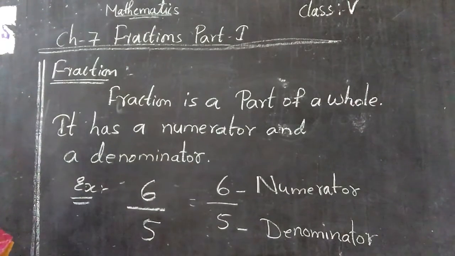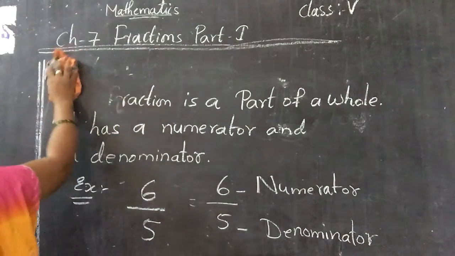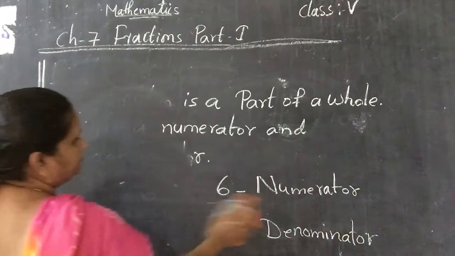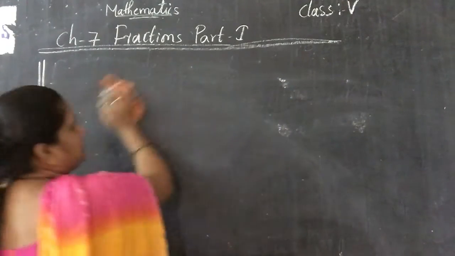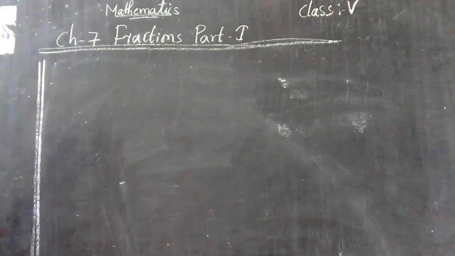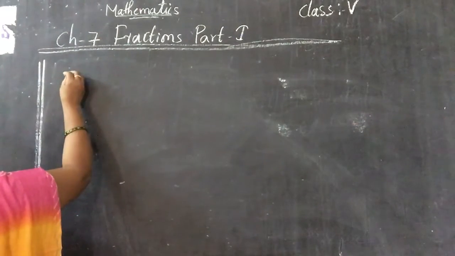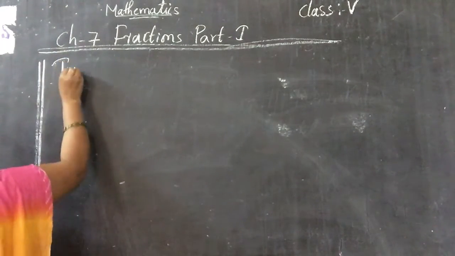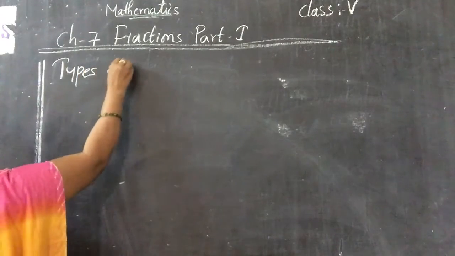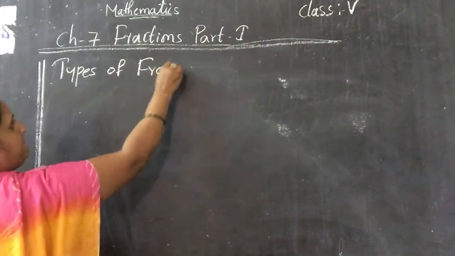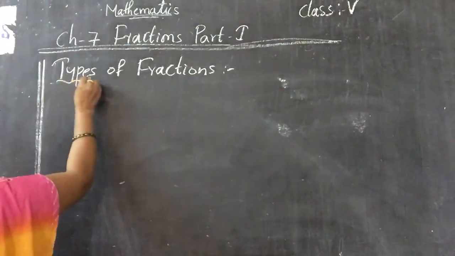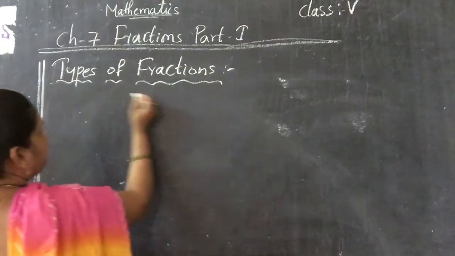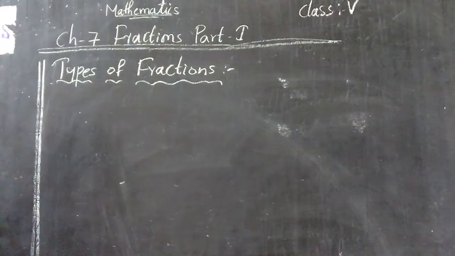The above number is known as the numerator and the below number is known as the denominator. Now, next heading: types of fractions.